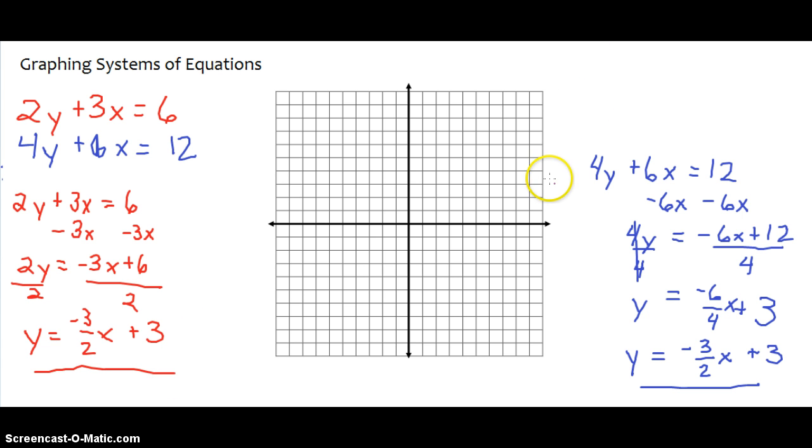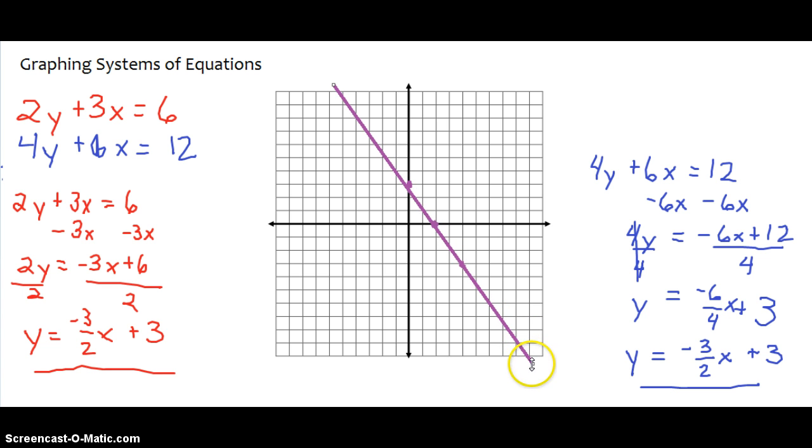So let's graph it. We see our y-intercept is at 1, 2, 3. The slope goes down 3 over 2 because the slope is negative 3 over 2. So we're going to go down 3 over 2. Let's put a line on there.